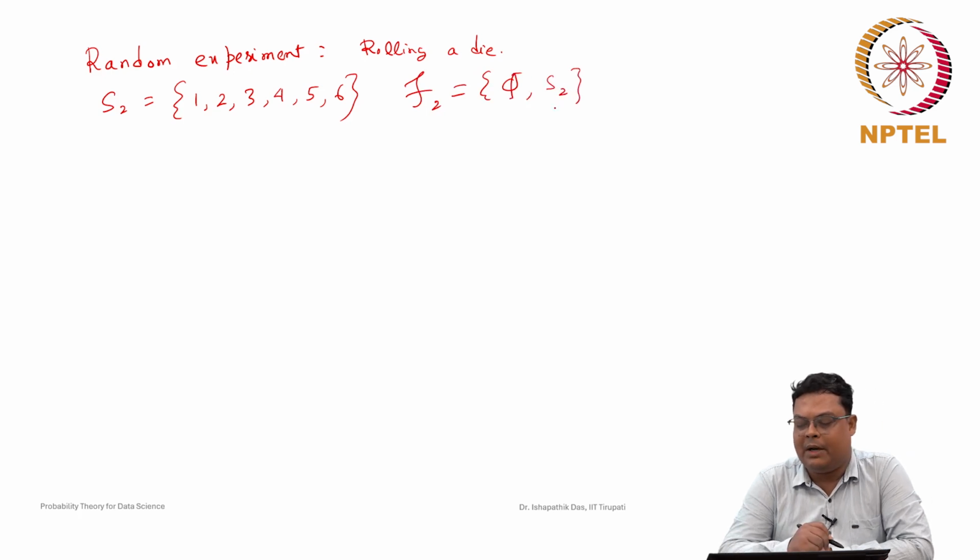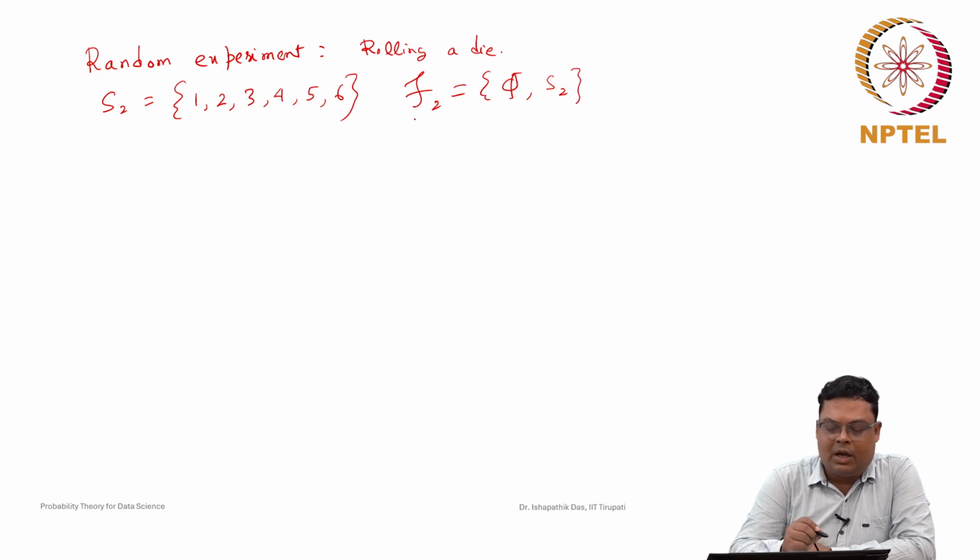This is a sigma field because if you take the union and complements, all will be inside this set. Now we want to define a random variable.